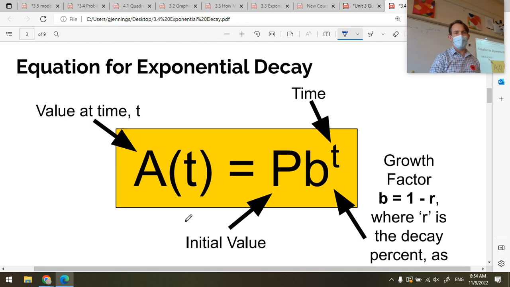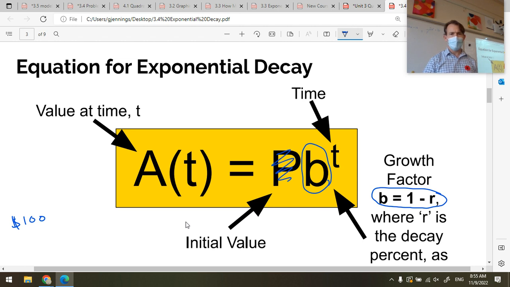We have the same type of equation as we had for exponential growth yesterday. The only difference is this B number is going to be 1 minus the rate of change. If you had $100, that would be your initial value, call that an A. I don't know why we have P there.